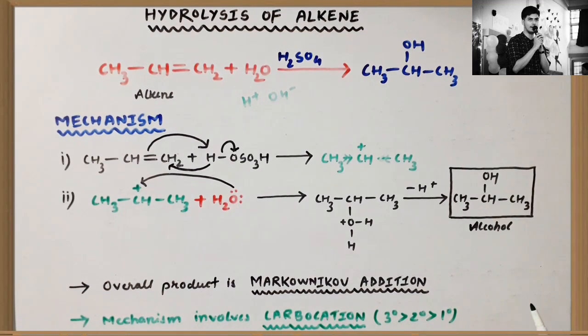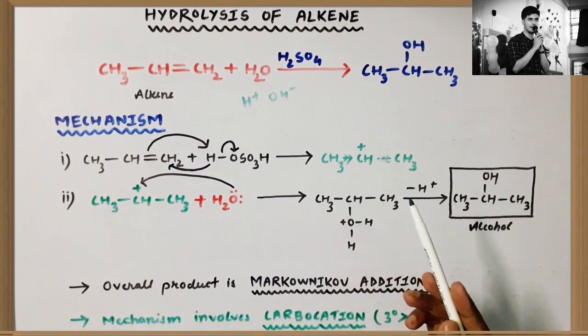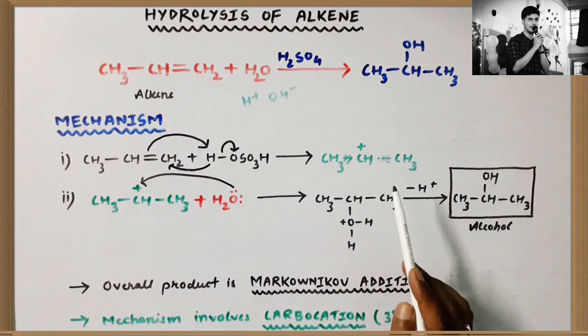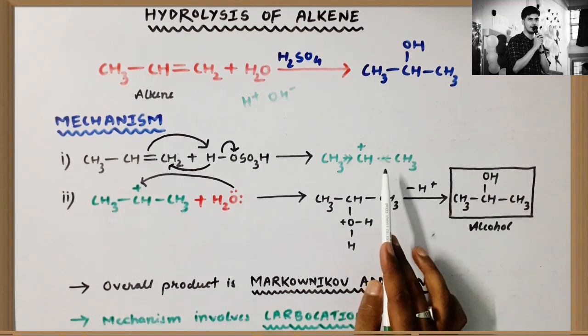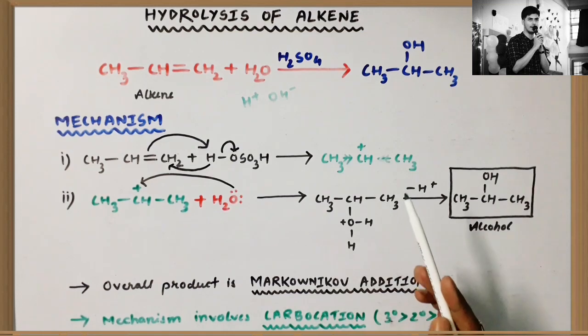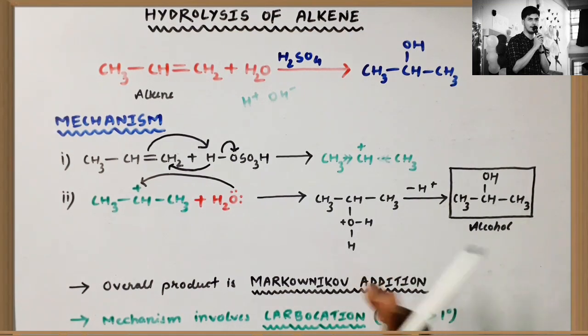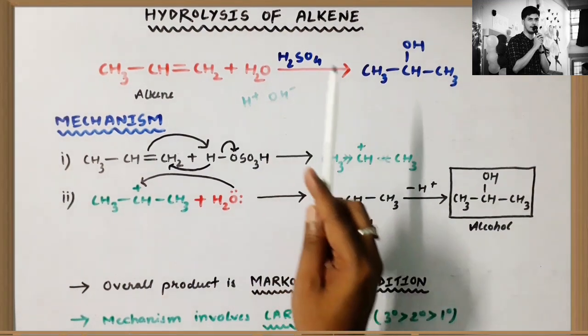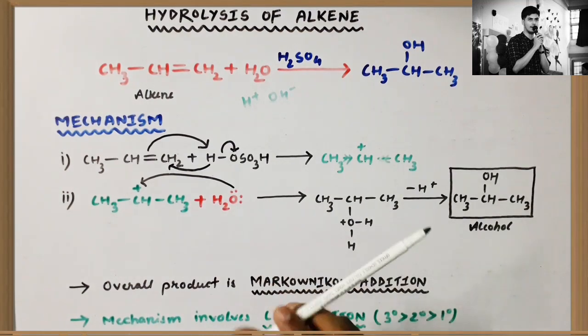Since the mechanism involves a carbocation intermediate, there is a high chance that if the carbocation gets the opportunity to convert to a more stable carbocation, for example if this 2-degree carbocation gets a chance to convert to 3-degree, then it will definitely go in that direction, and as a result we will get a 3-degree alcohol. So what I'm trying to say is that hydrolysis of an unsymmetrical alkene gives overall a Markovnikov product.